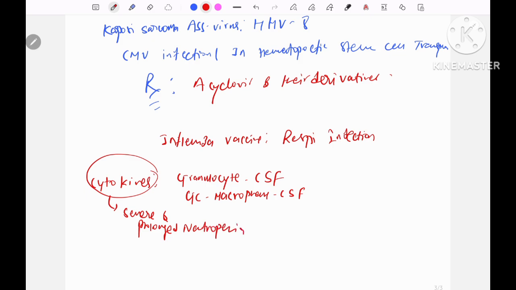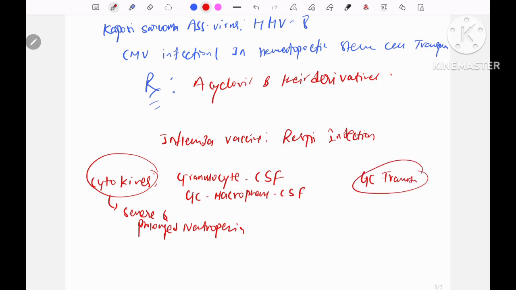Do you remember one thing, if there is a decrease of neutrophil count, then why are we not giving neutrophils directly through blood? Because granulocyte transfusion has a very short half-life, and there is mechanical fragility.